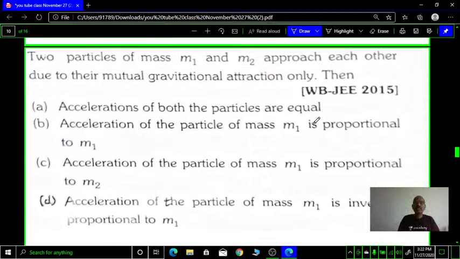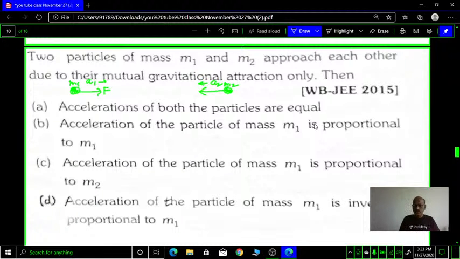Two particles of mass m1, m2 approach each other due to mutual gravitational attraction. Here this is m1, attractive force, and here you see m2. Two masses. So we know according to the law of gravitation, both attract each other, exert a force on each other. First one along the F1 force, acceleration in this direction, here a2 in this direction, along the force acceleration.